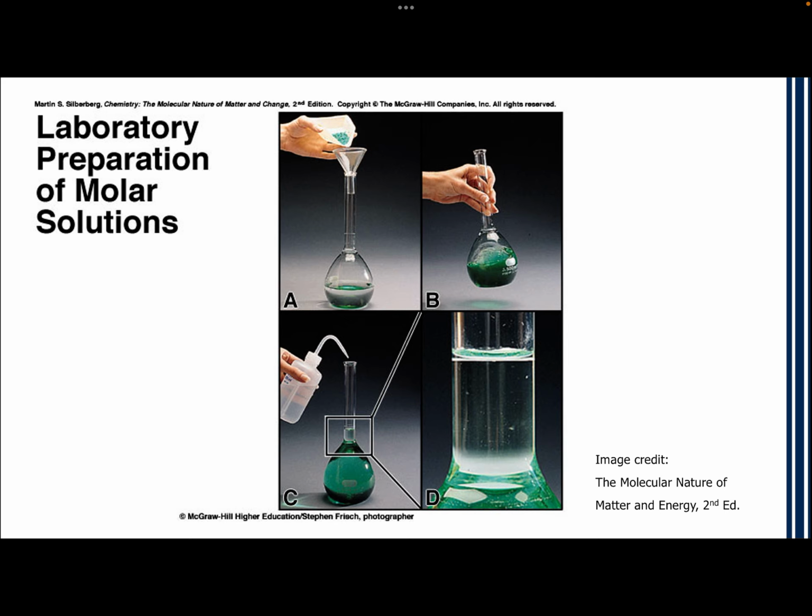And then once it is in the volumetric flask, we will add water until it reaches the mark. It means if the volumetric flask says 500 ml, the water we add to the volumetric flask should be exactly at the mark. So that means that is its 500 ml.